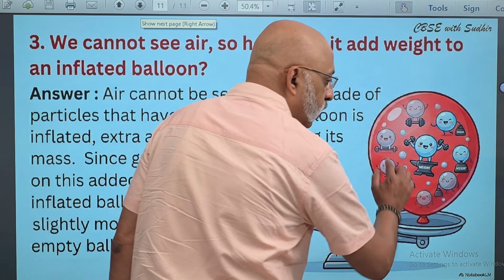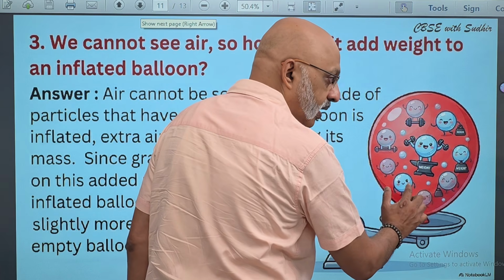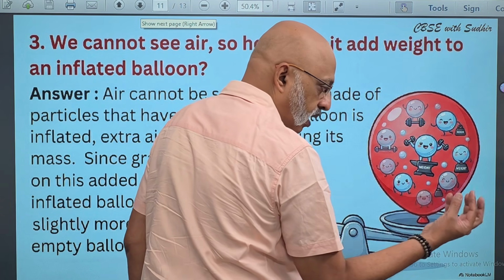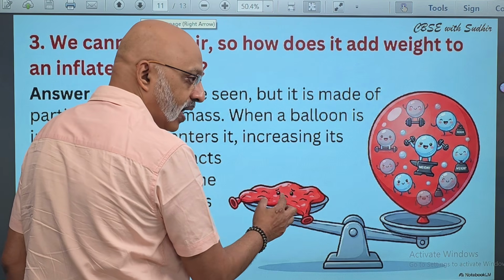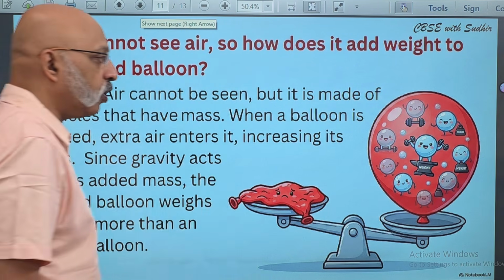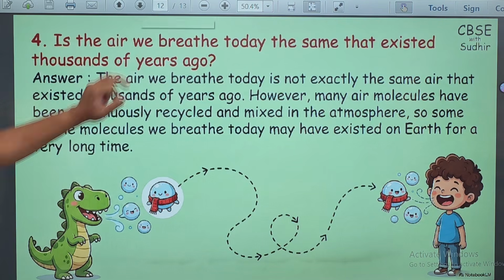So this is because of the air inside it, right? Because of the air inside it, an inflated balloon will have some mass, whereas this one has no air inside it, so therefore its mass will be less than this particular one which has air inside it.